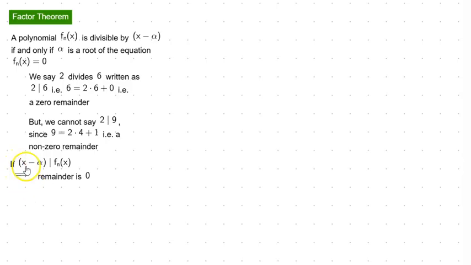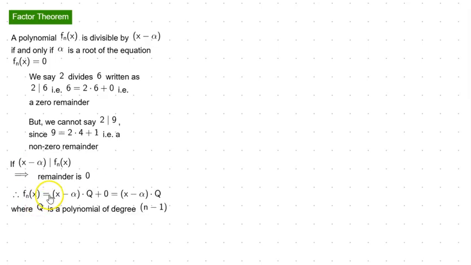It says if x minus alpha divides fn of x, that is, x minus alpha divides the polynomial, it implies the remainder is 0.